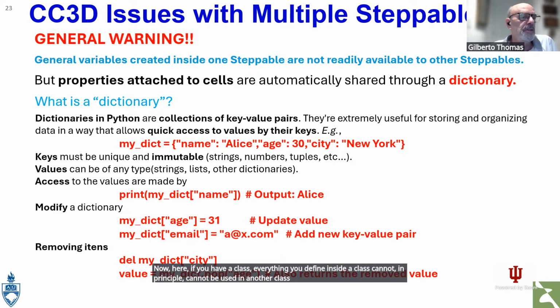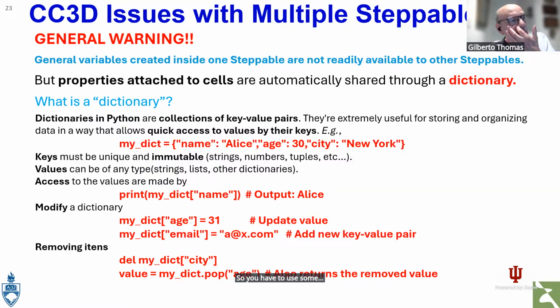So you have to use a special Python structure, dictionaries, which have this form between keys here, and a dictionary is a collection of keys and values, separated by colons.